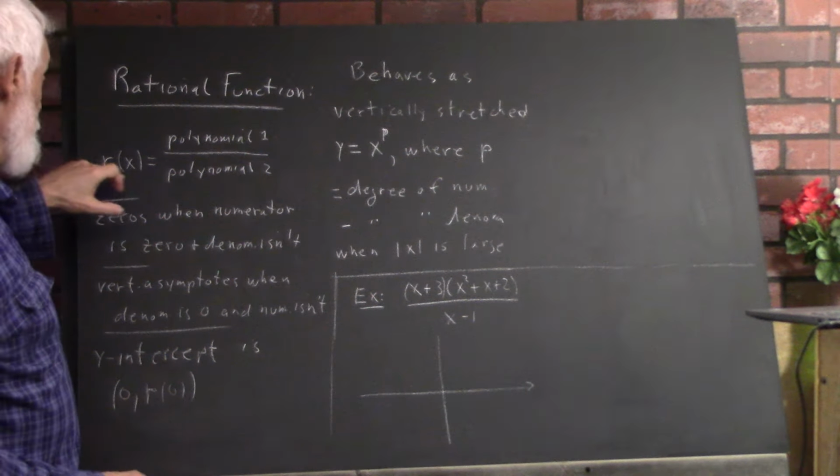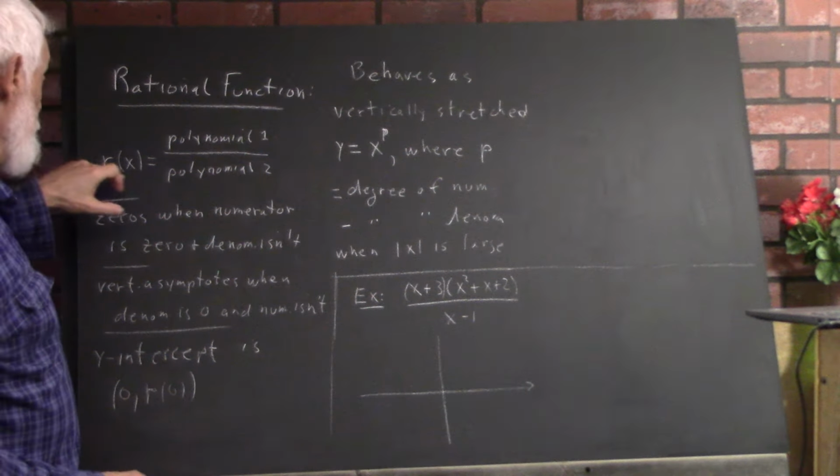That's -6. So let's put -6 down here. Let's see how we're going to do this. Okay, I'm going to put the label here. It indicates this value.